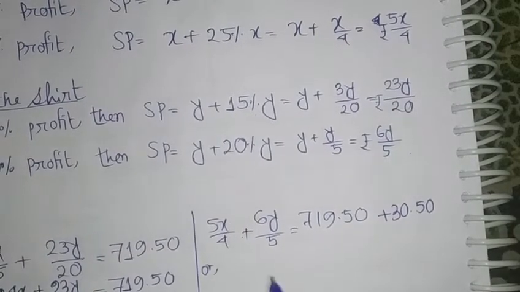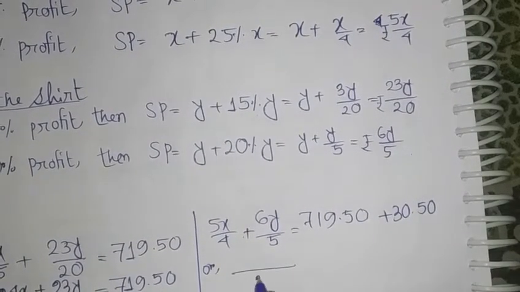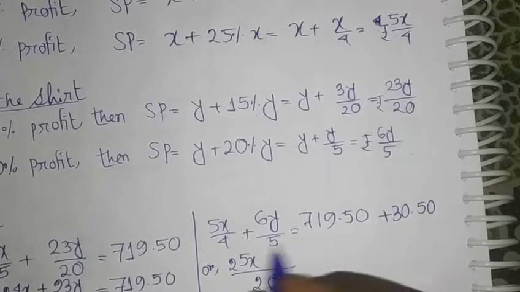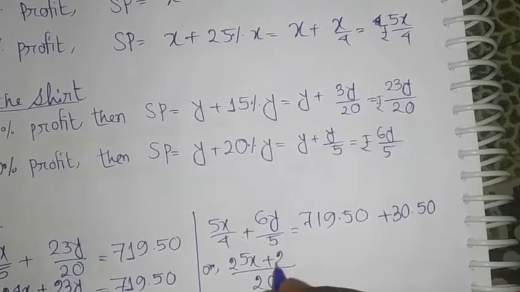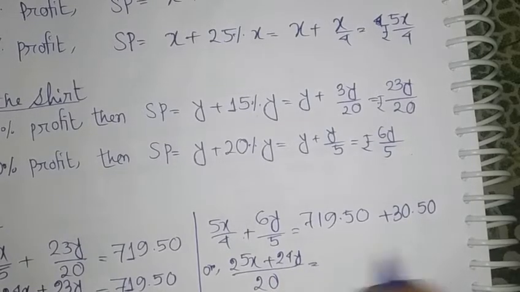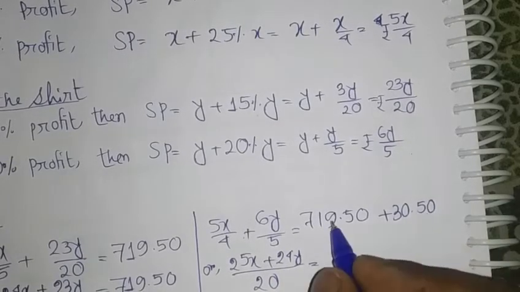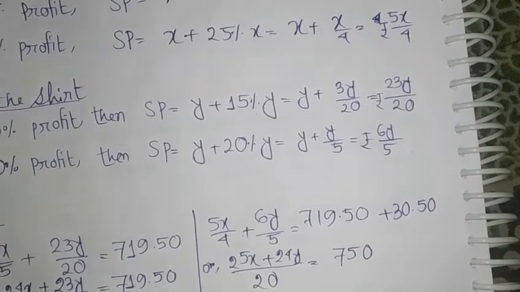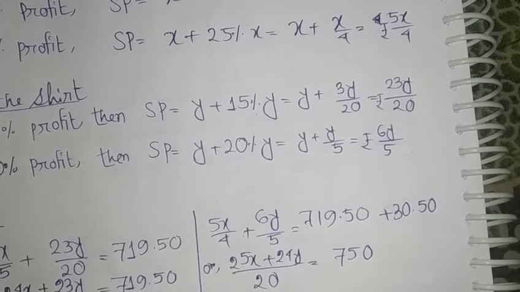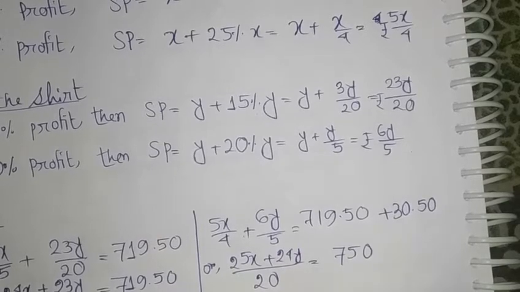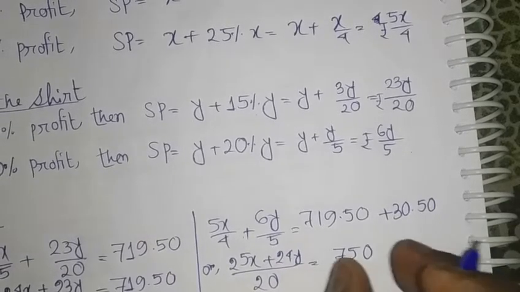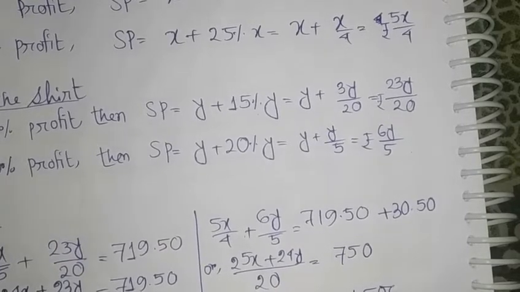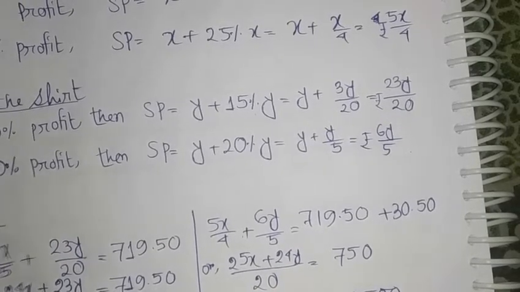Take the LCM here, 20, that is 25X plus 24Y equals, adding them, 750. So 25X plus 24Y equals 750 into 20, that is 15000.